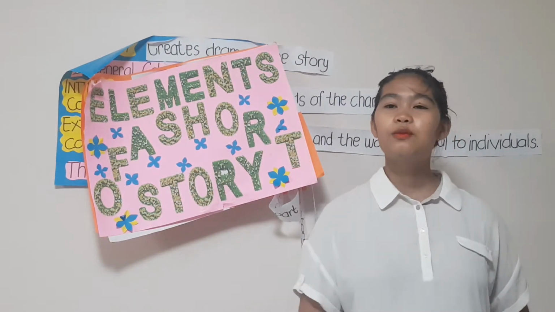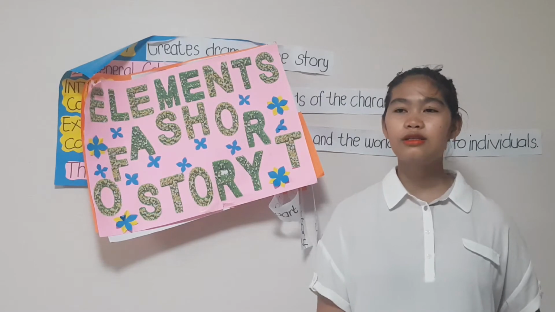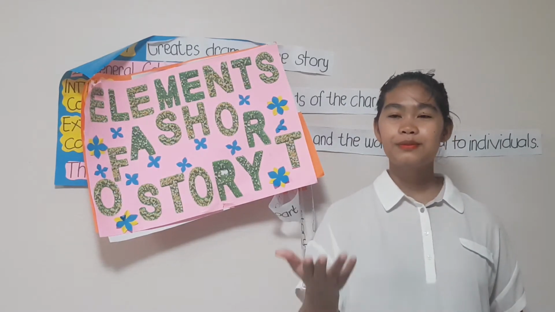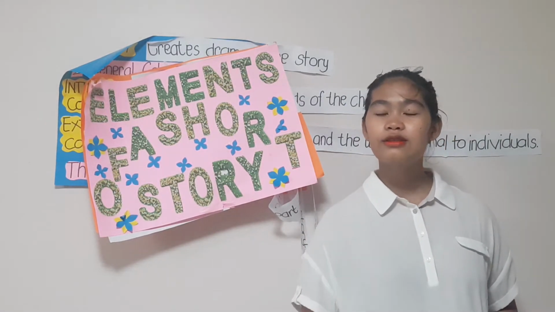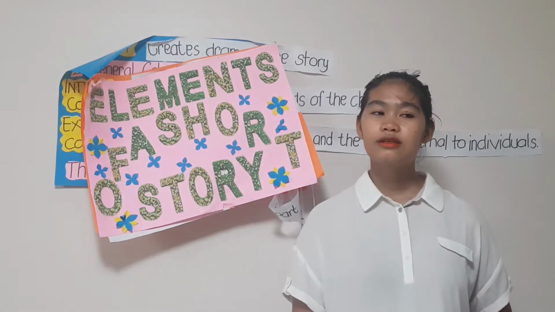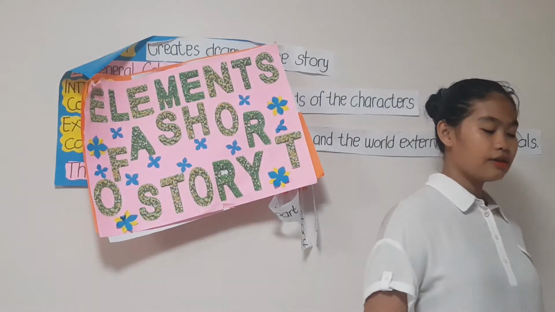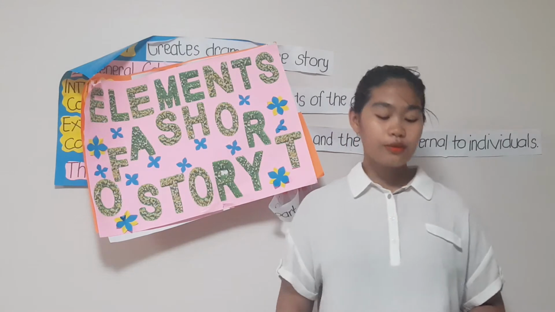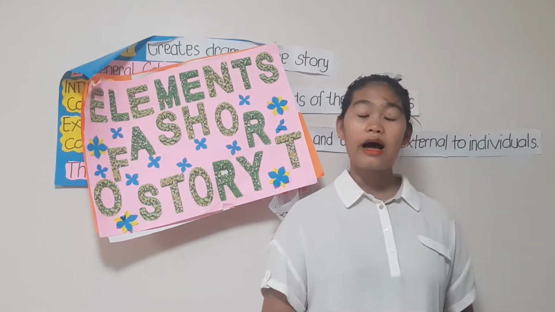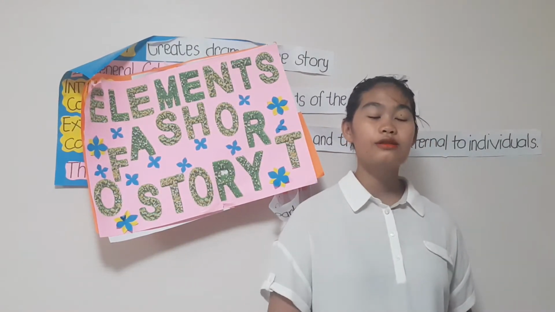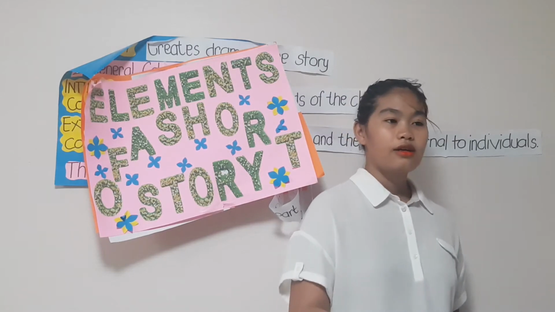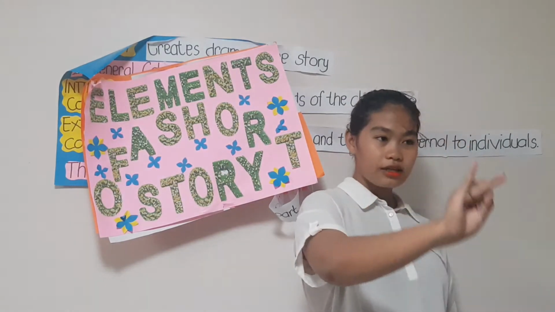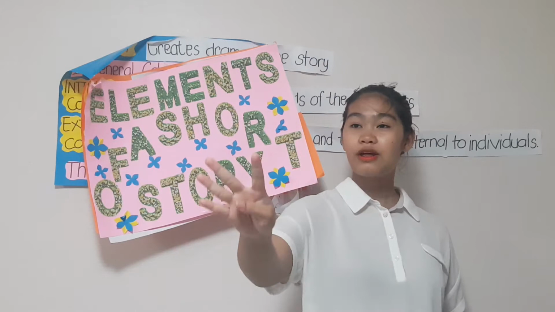Okay, Christine, what lesson have you learned from the story? Okay, very good. Anyone? Okay. So, the next question. Again, what are the 5 elements of a short story? Characters, settings, plot, conflict, and theme.